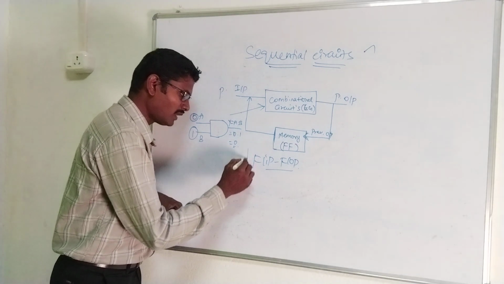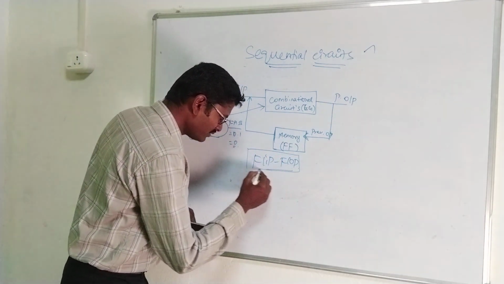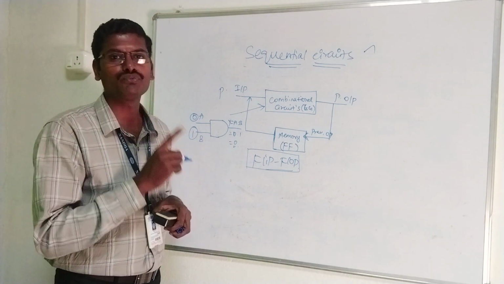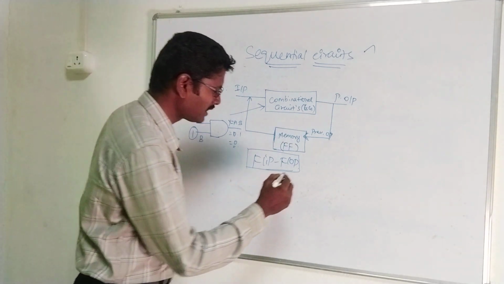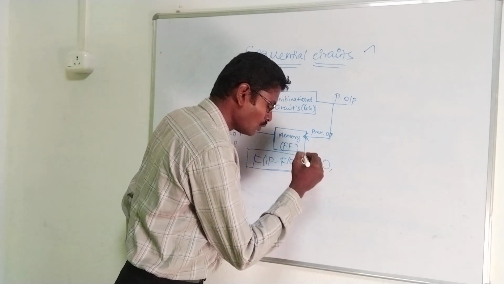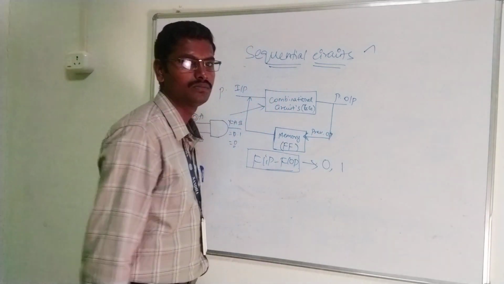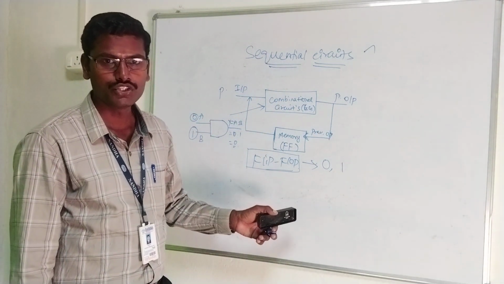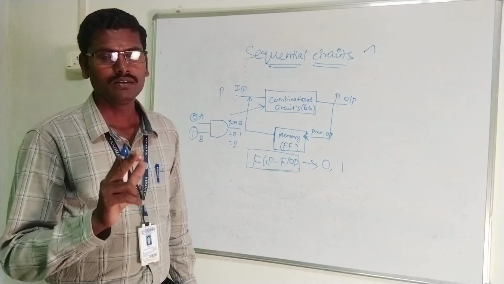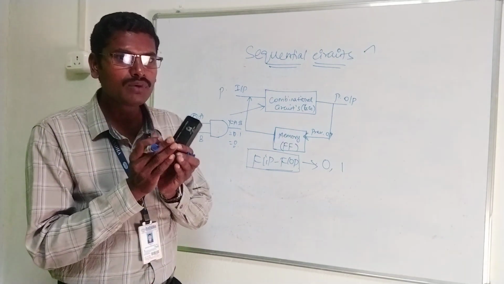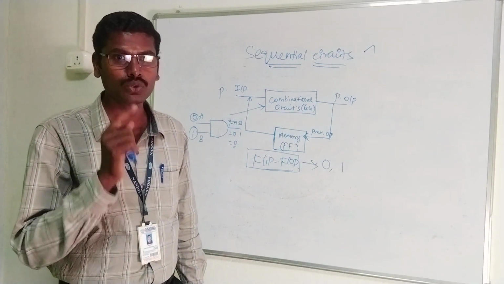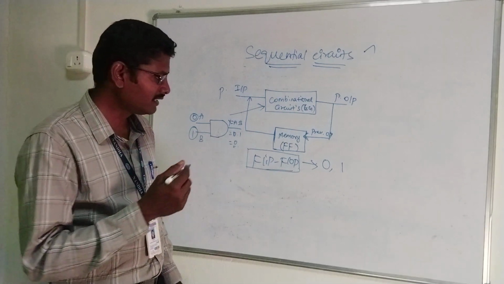Now, the flip-flop, as I already told, is a memory device which can store a single bit of data, either 0 or 1. An individual flip-flop can store a single bit.